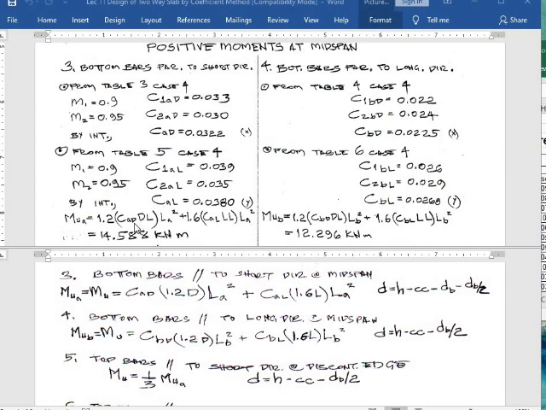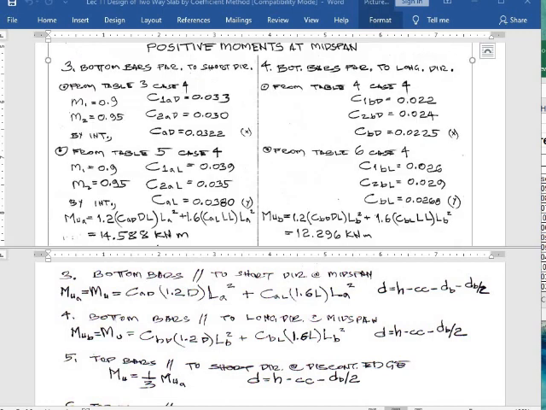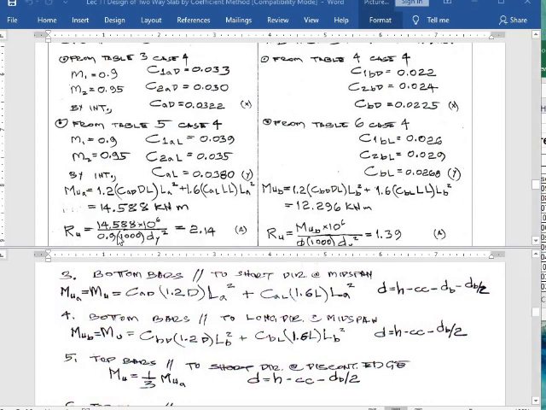Okay, so remember na ang CAD natin ay nakastore sa X, tapos yung CAL nakastore sa Y, tapos ang DL ay 6.15, remember that? Tapos ang live load is 4.8. Nandun yan sa given. And then LA is 5.25. And then you multiply all of those, you have 14.588 kilonewton meter.